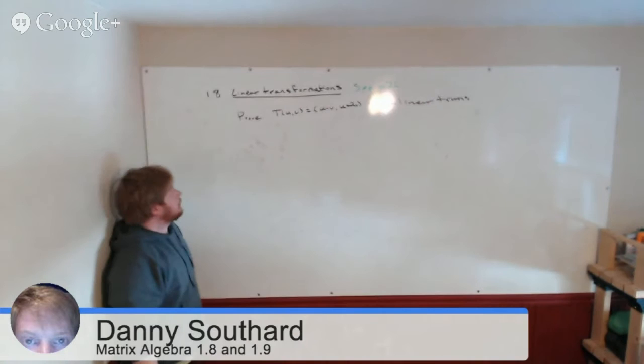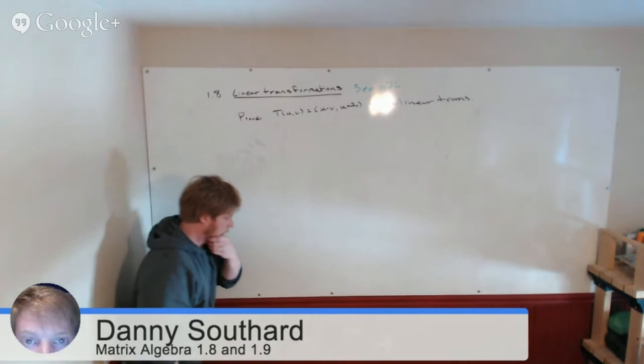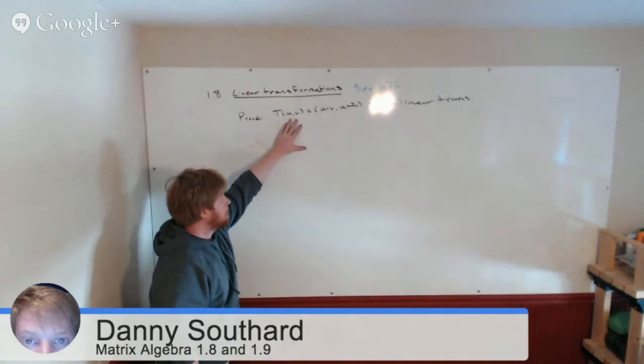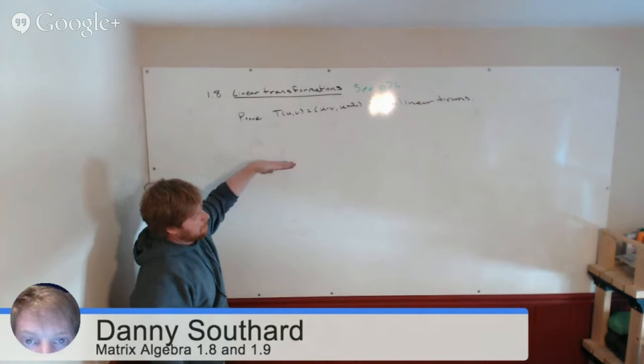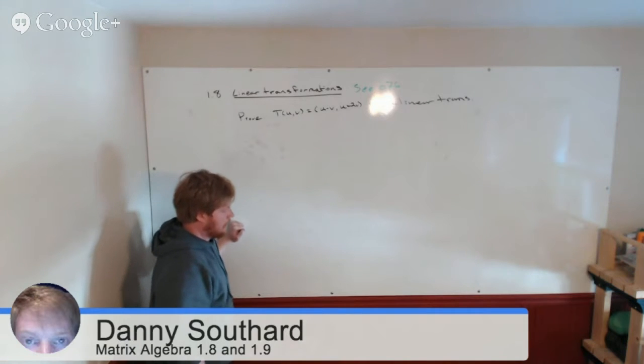Prove that the transformation T of (U, V) is a linear transformation. Okay? In order to do this, we have to first define a U and a V, and then show that first, addition is preserved, and second, that scalar multiplication is preserved.